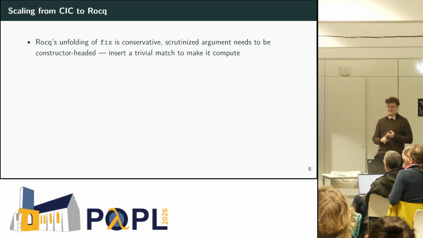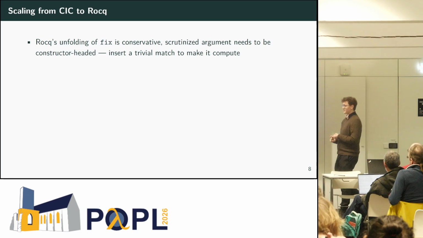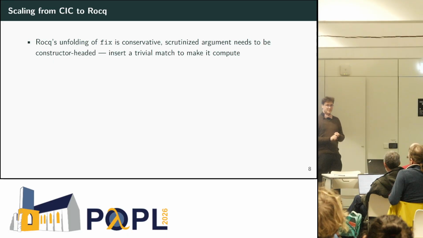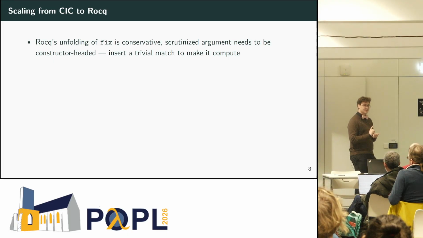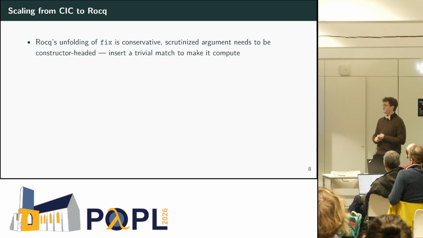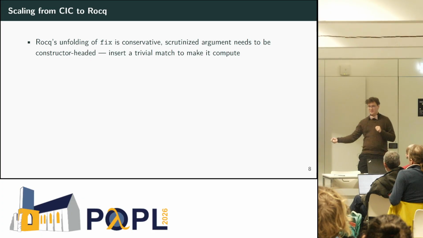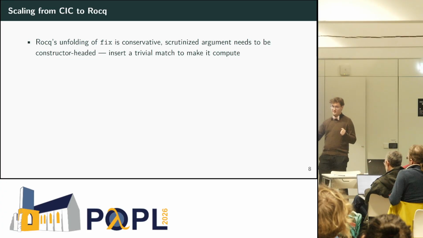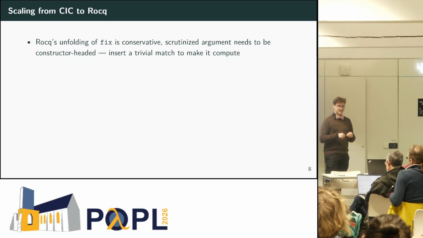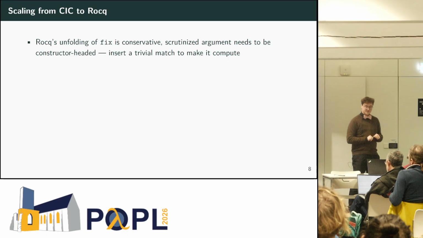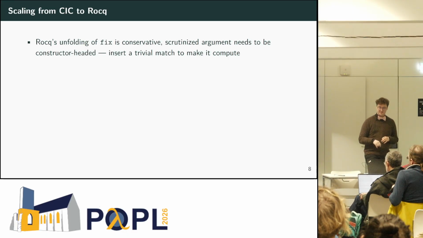One is that Rocq's unfolding of fix is conservative. So some of the definitional equalities that the paper translations usually assume do not hold in Rocq, because the scrutinee of the fix needs to be constructor-headed. So we fix that by just inserting some trivial matches so that the argument is constructor-headed.